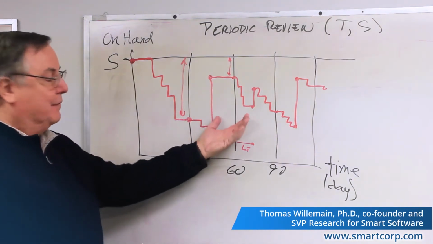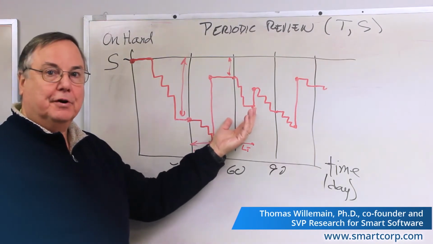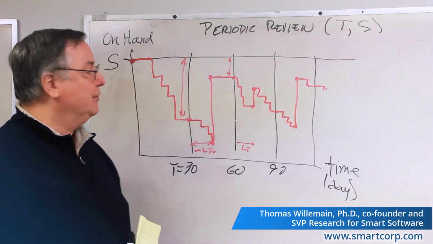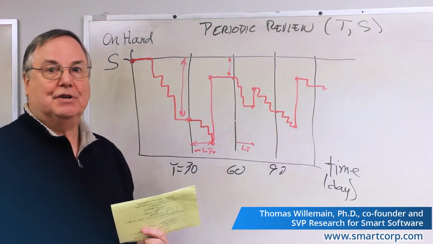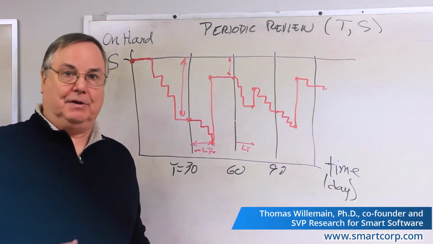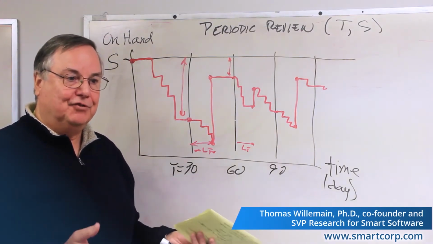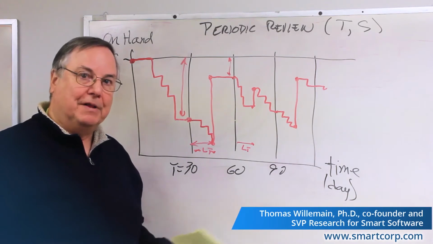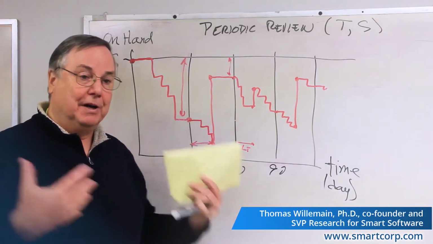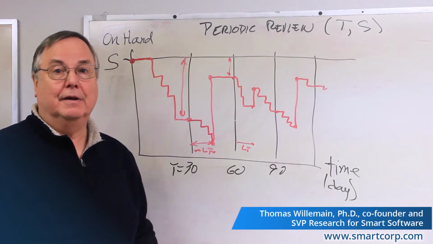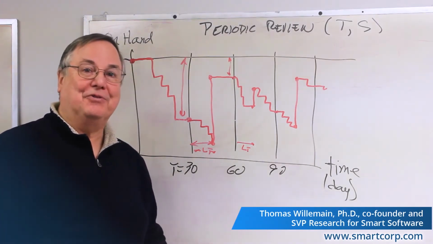From a picture like this, you can derive your critical or key performance indicators. For instance, one of them would be the average inventory investment. How much on average, on an average day, do you have in stock? If you multiply that by the price of the item, you see how much money you've had sitting on the shelf, tied up in inventory, instead of, for instance, giving you a bonus.